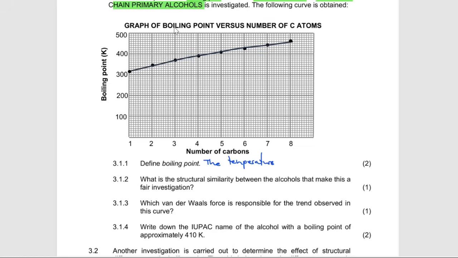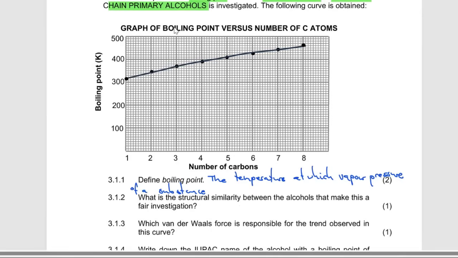So it's the temperature at which the vapor pressure of a substance equals atmospheric pressure. Like that. So this is how we define our term boiling point, right?